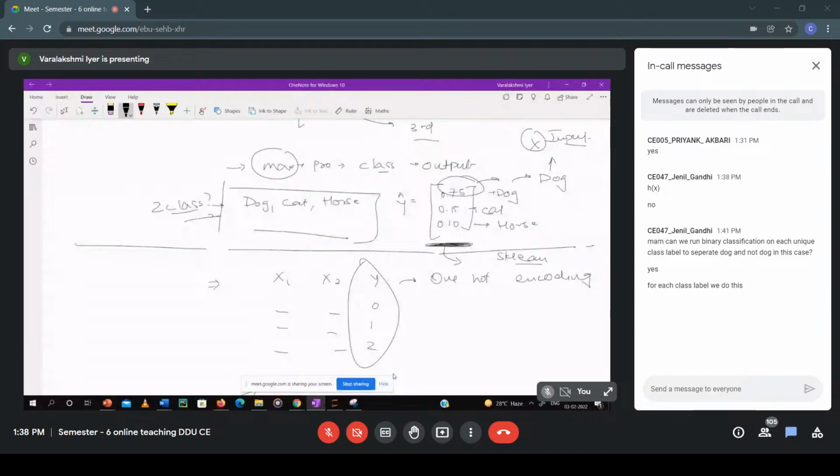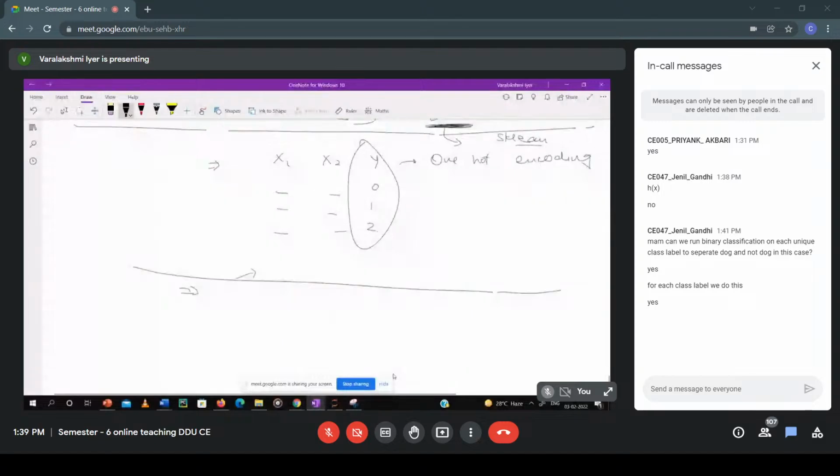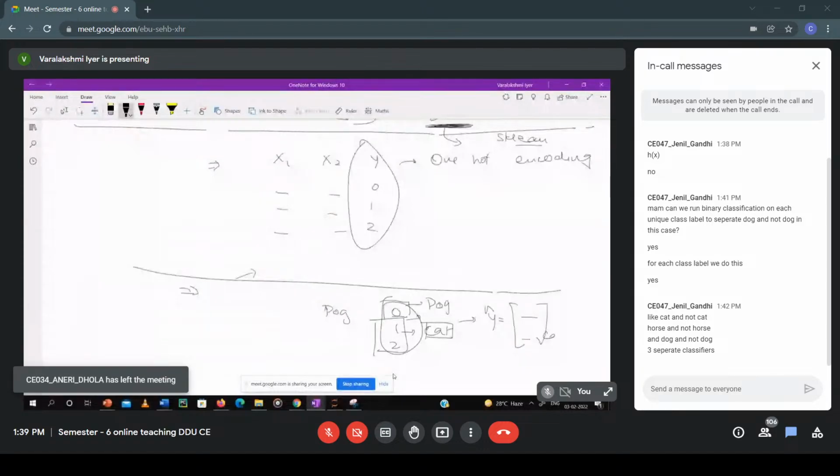So what you are trying to do is convert this into a sigmoid form, that is, convert this entire data set. Then you have to make changes in the data set, I guess. For example, we have three classes, 0, 1, and 2, but suppose you specify 0 as the dog class and the rest as the other class, so that in the output you have only two outputs, dog and non-dog.